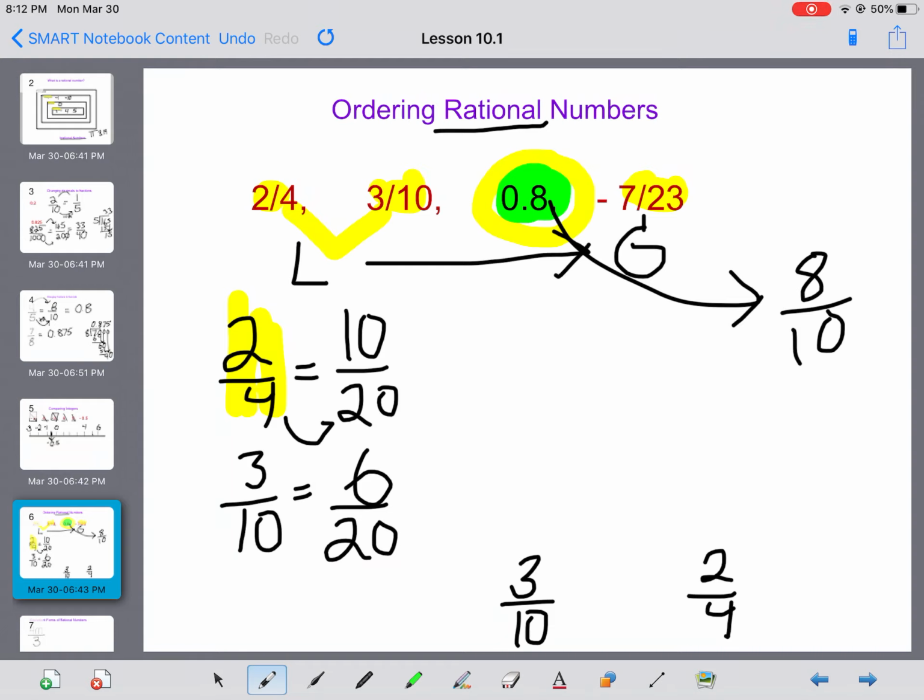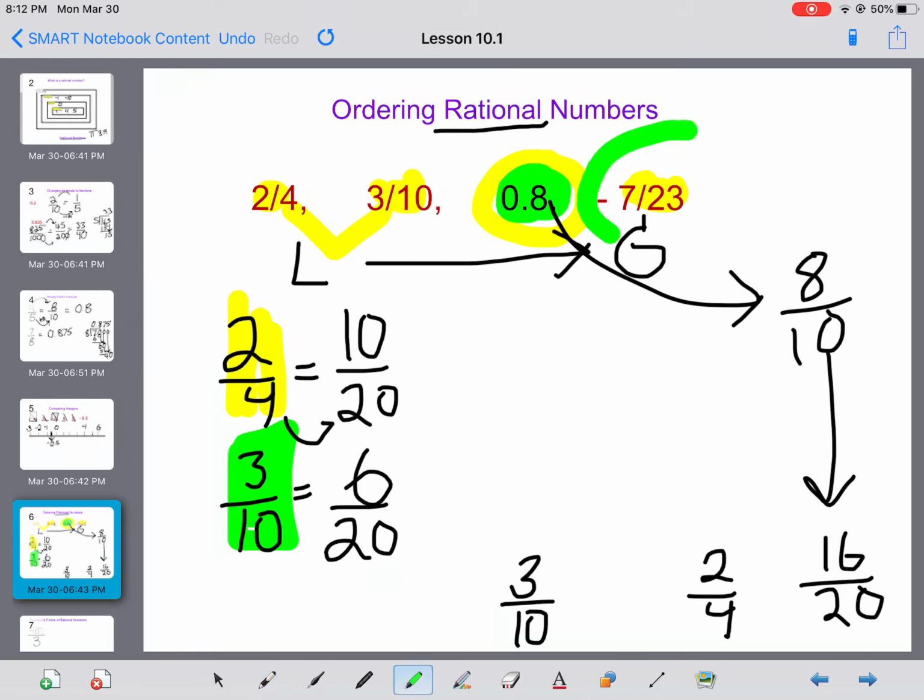I know that 8/10 is definitely bigger than what I have over here. 8/10 is bigger than 3/10. 8/10 is also 16/20. So that's my biggest number so far. So I can put that over here. I could write it as 16/20, or you could think to yourself 8/10.